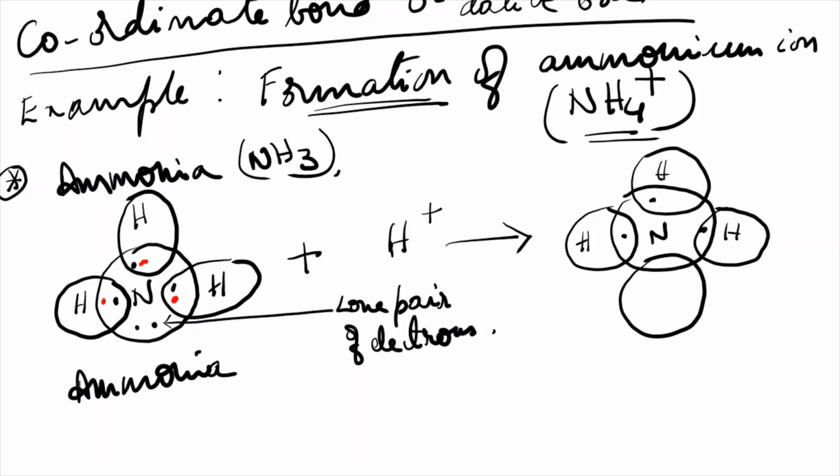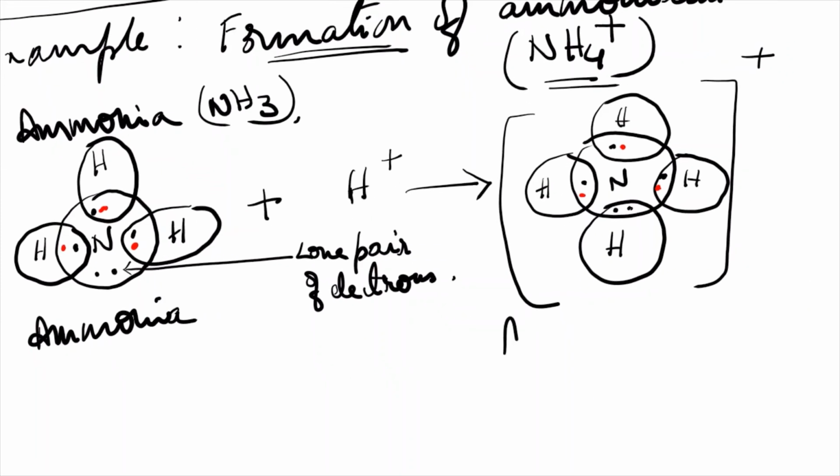But only this hydrogen ion did not contribute any electron pair but just accepted the lone pair of electrons, thus attaining stability and forming the NH4 plus ion, that is, ammonium ion.